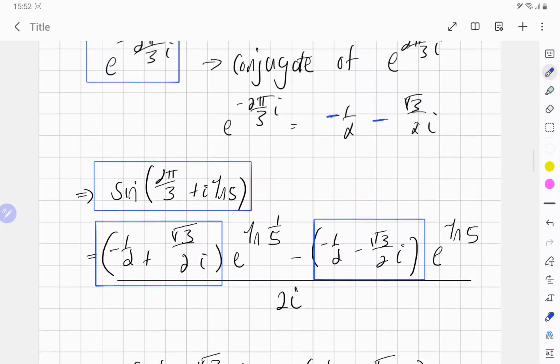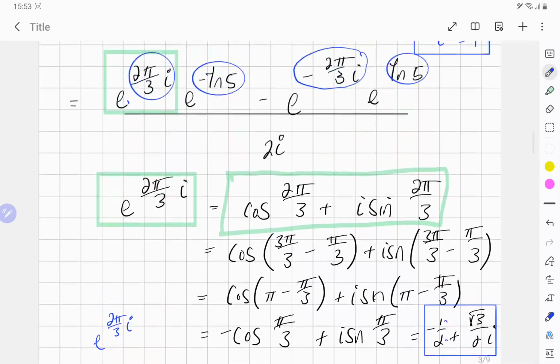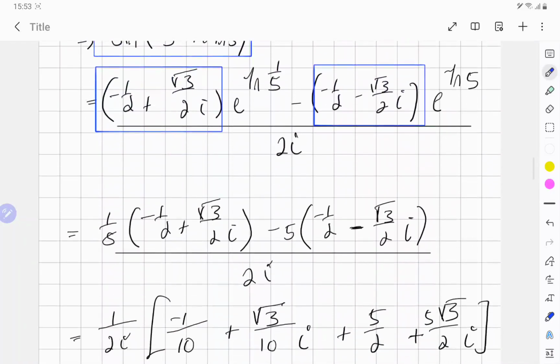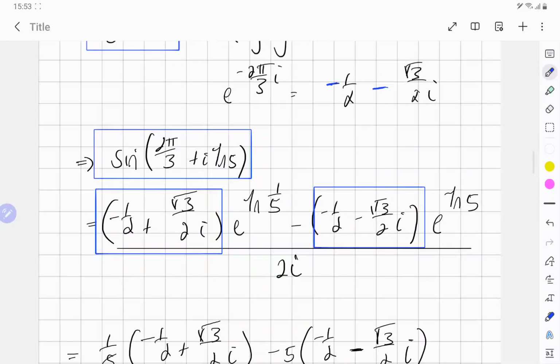Now, very important from earlier, if we have e to the minus ln 5, the minus will go as exponent and we'll get 1 over 5, and that answer will just be 1 over 5. We drop the e and the ln.